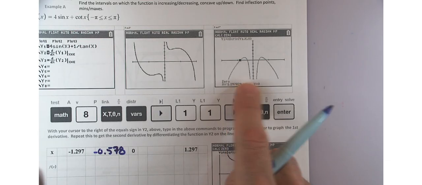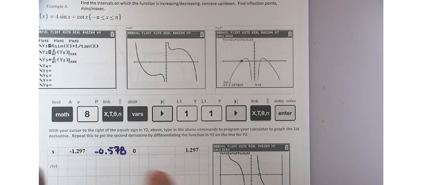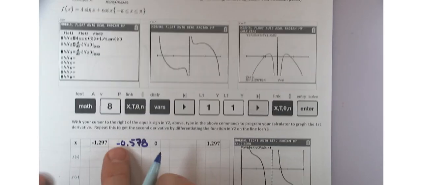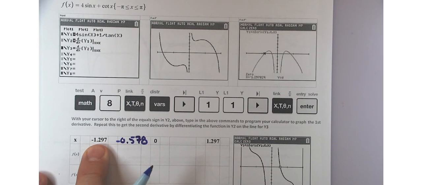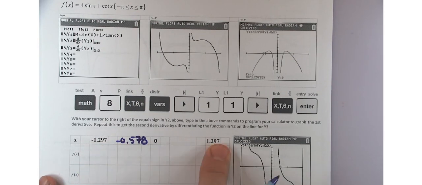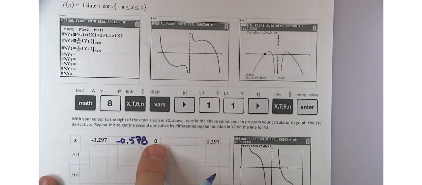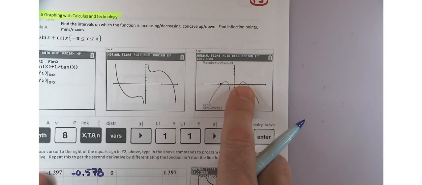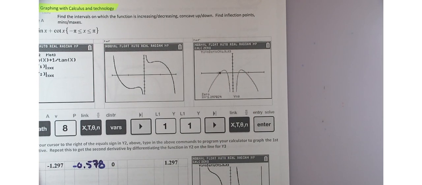So we're going to do this as a little t-table for our derivative. Now let's see. I've got negative 1.297 and positive 1.297. I've got 0. I've got negative 0.578. Can anyone see another point that I can use here without necessarily having to go through that menu and do that calc part?